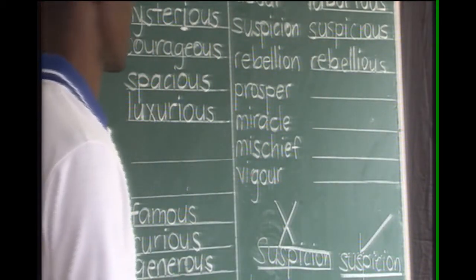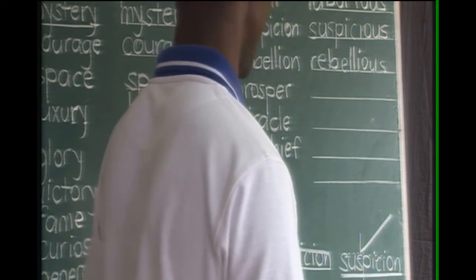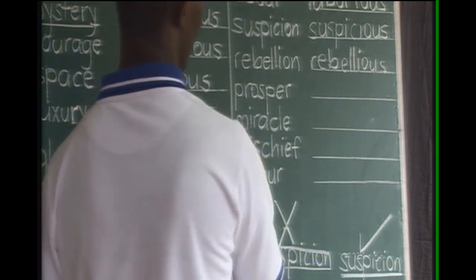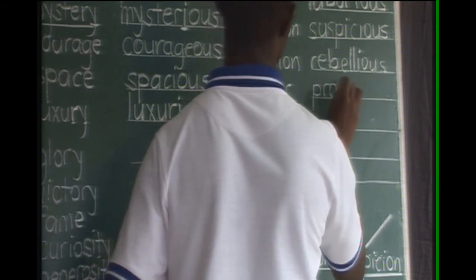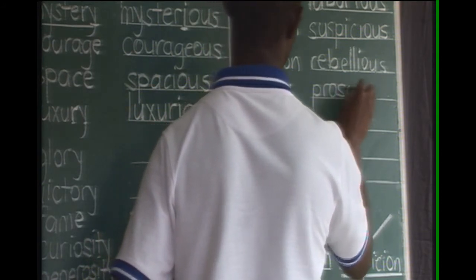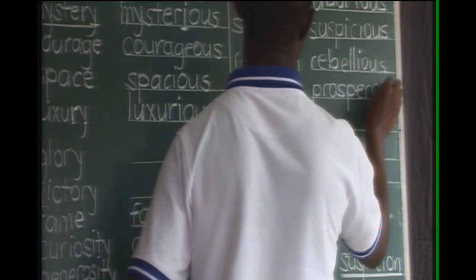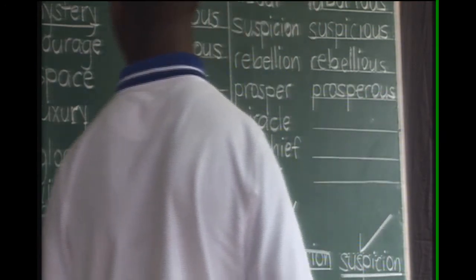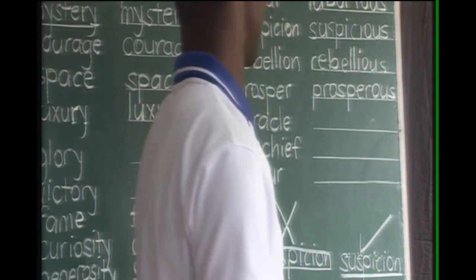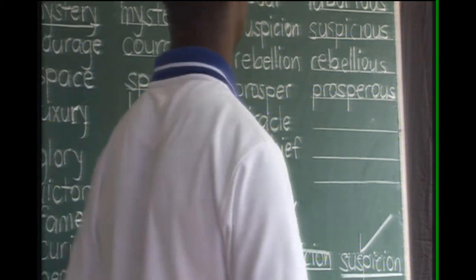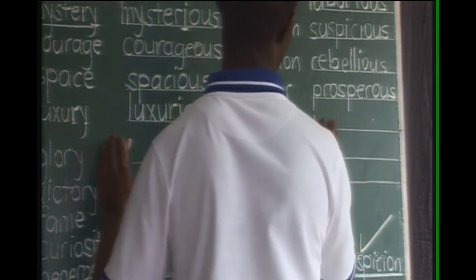Prosper, must be a verb. Prosper is a verb. The adjective is prosperous. You're seeing how the suffix OUS is being used in the formation of that adjective. Miracle, miraculous.